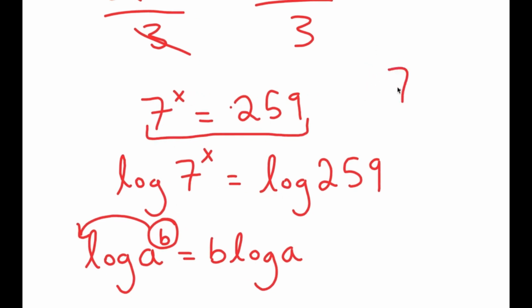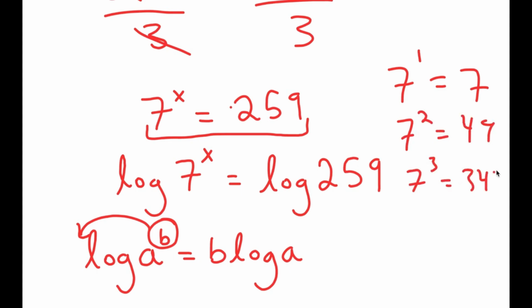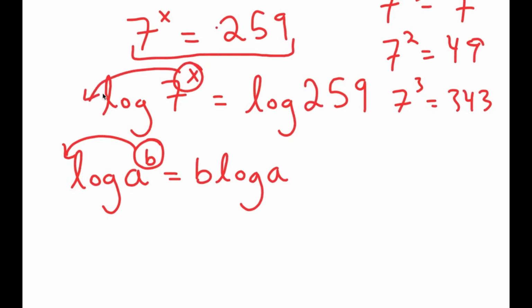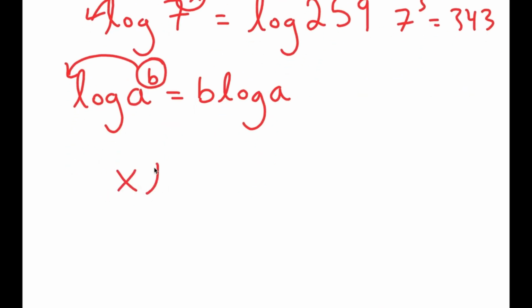Well, 7 to the power of 1 is 7, 7 to the power of 2 is 49, and 7 to the power of 3 is 343. So x is going to be somewhere in between 2 and 3, but we don't know the exact value of x, and we can't solve for it as an exponent. So now, when we drop it down and make it a real term, it's much easier to solve for x.